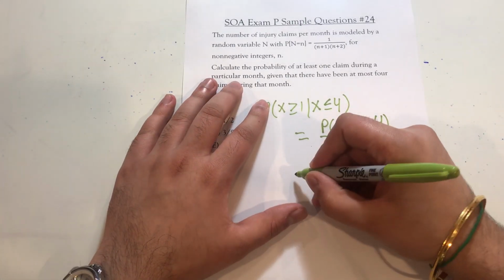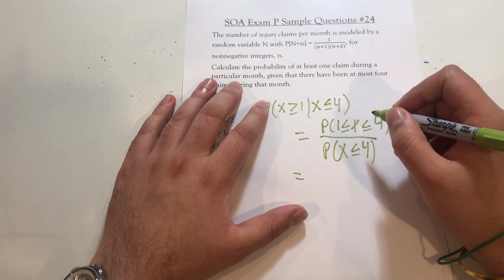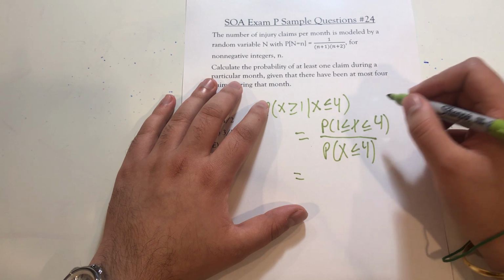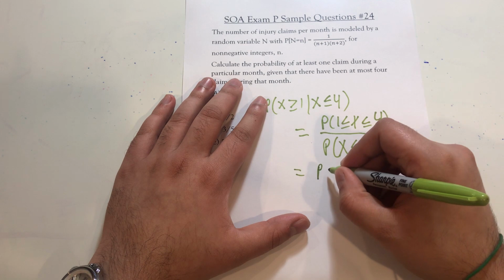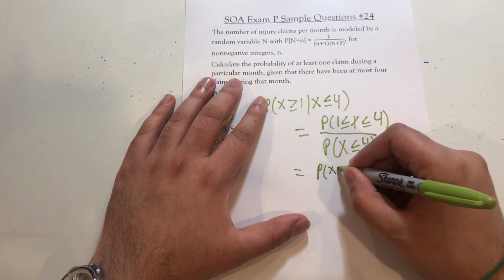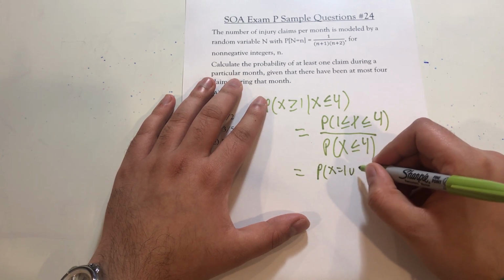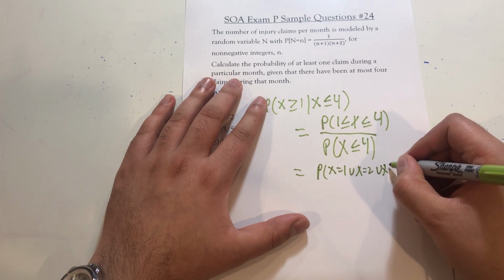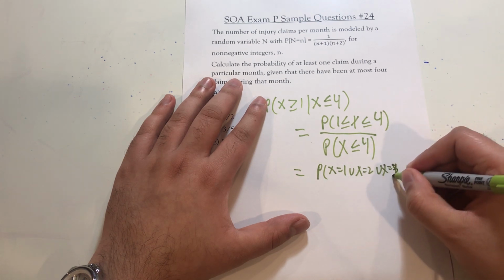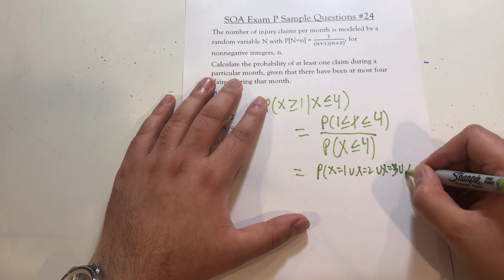The probability that your claims are at least 1 but at most 4 is the same as the probability that the number of claims is 1, or 2, or 3, or 4.